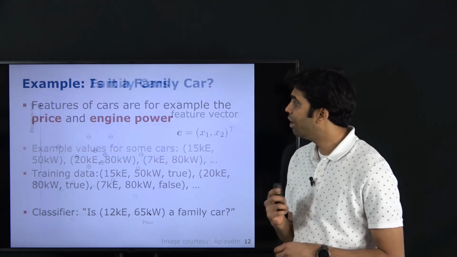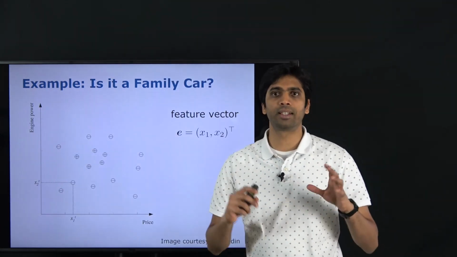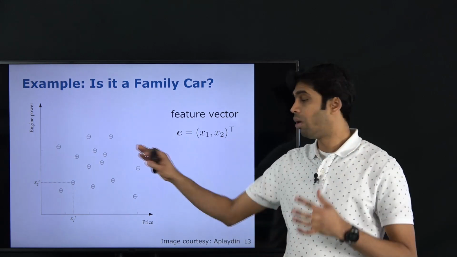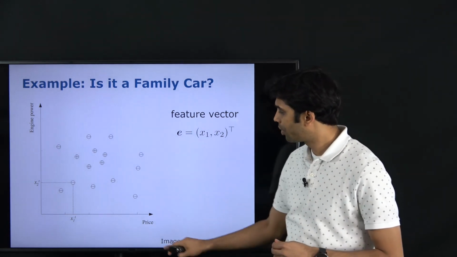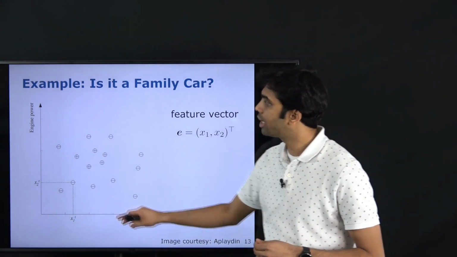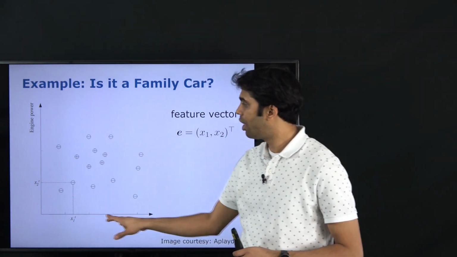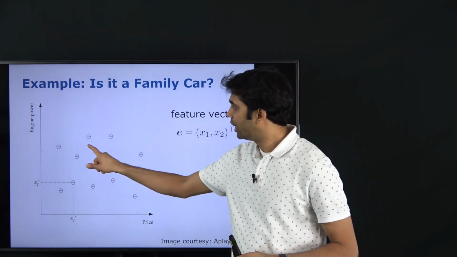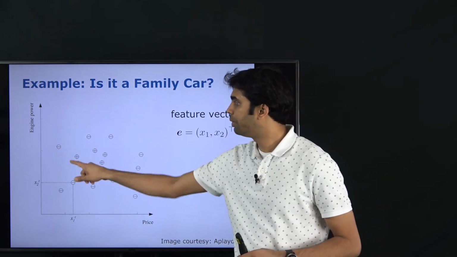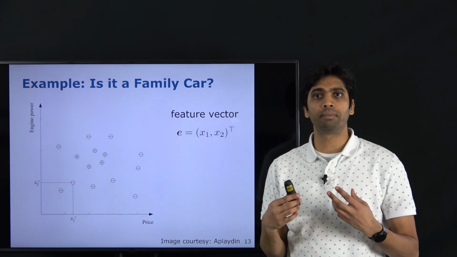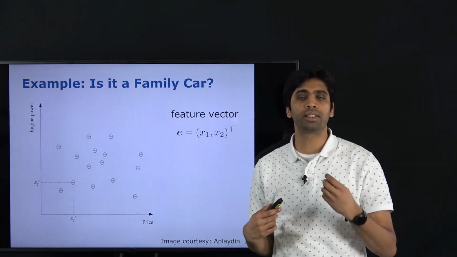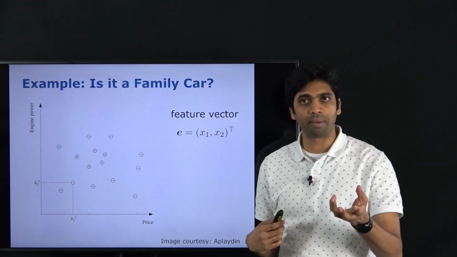And if we actually plot this training data onto two axes like we show here, on the x-axis we have the price, and on the y-axis we have the engine power. And what you see here is all the training data. Here you see some pluses, which means those are the positive examples, and therefore they are the family cars.